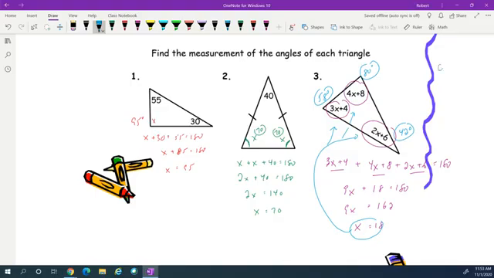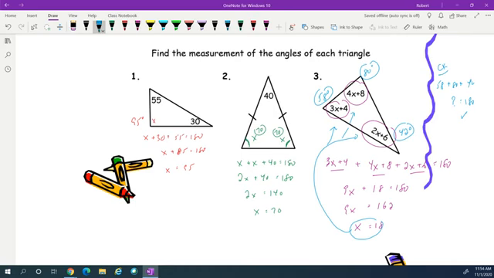Now my check is 58 plus 80 plus 42. Does that equal 180? And that's going to tell me whether I got it right or wrong. So everything here works out. So we know we have the correct three measurements for those angles. And then, of course, we can say this thing is an acute scalene if we were asked.